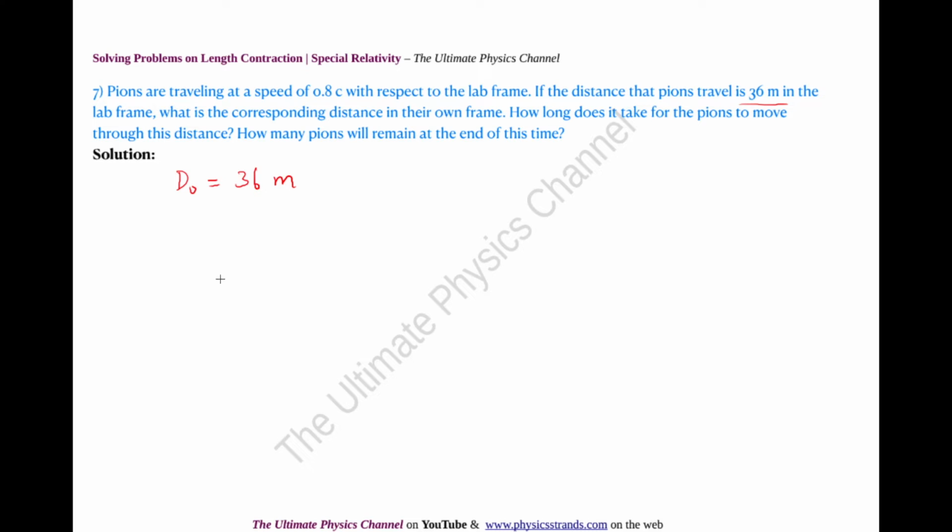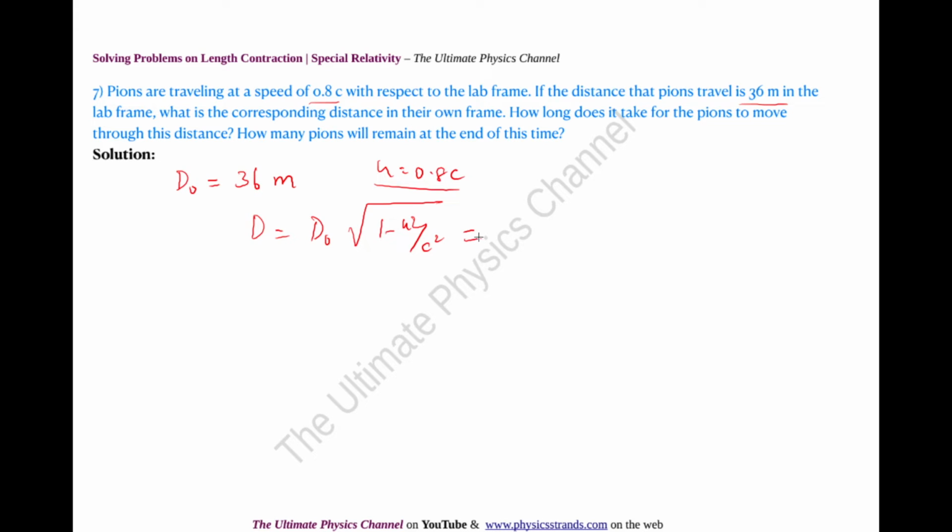Now this distance would get contracted because of the motion at 0.8 c, and therefore the distance they should move is d, that is equal to d naught times the square root of 1 minus u squared over c squared, where u is 0.8 c.